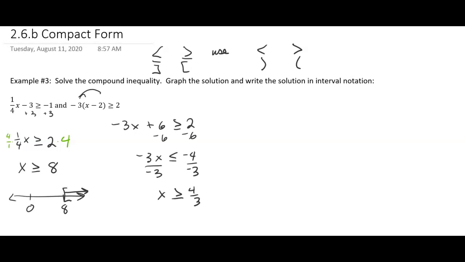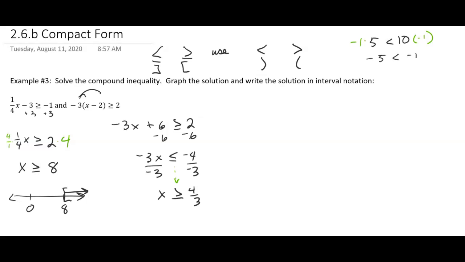Now notice that that's the big switch there. Why did we switch it the other way? Because we multiplied or divided by a negative number. So if you think real quickly, 5 is less than 10, right? But if you multiply both sides by -1, so -1 times 5 and -1 times 10, then you can't say -5 is less than -10.